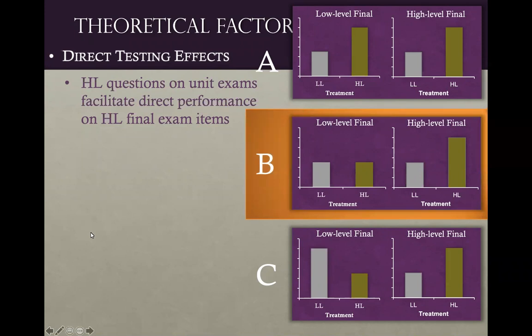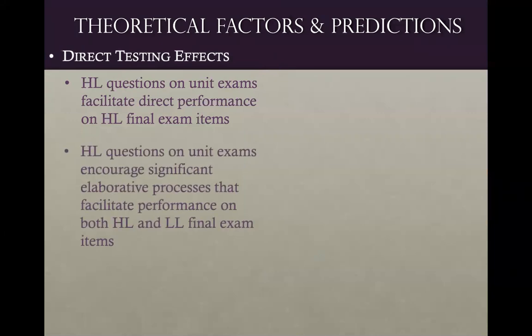Okay, so that's interesting. So we're expecting if it just helps you on a high-level skill that you would only see high-level performance increase for those in the high-level group. But if you're looking at high-level questions on unit exams, they would encourage significant elaborative practices, so that would facilitate both high-level and low-level performance.